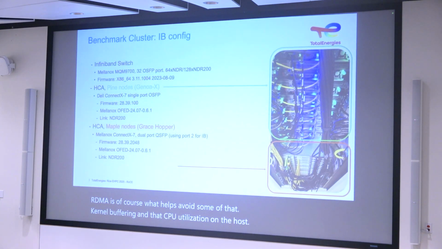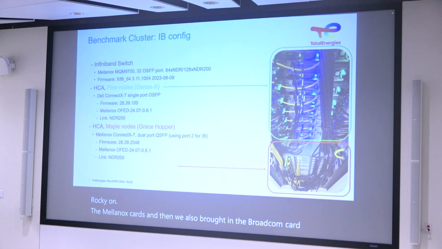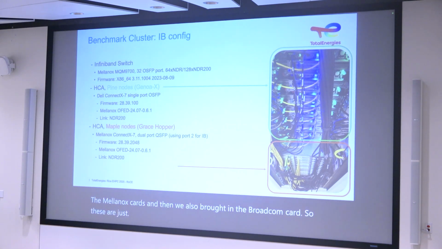So we have 2 machines in Houston. One is called Pine, one is called Maple. We did this testing on Mellanox and InfiniBand, and then we did RoCE on the Mellanox cards, and then we also brought in the Broadcom cards. So these are just for documentation purposes. If anyone goes down this road, these are some of the versions we were using of the OFED and the specific firmware versions.